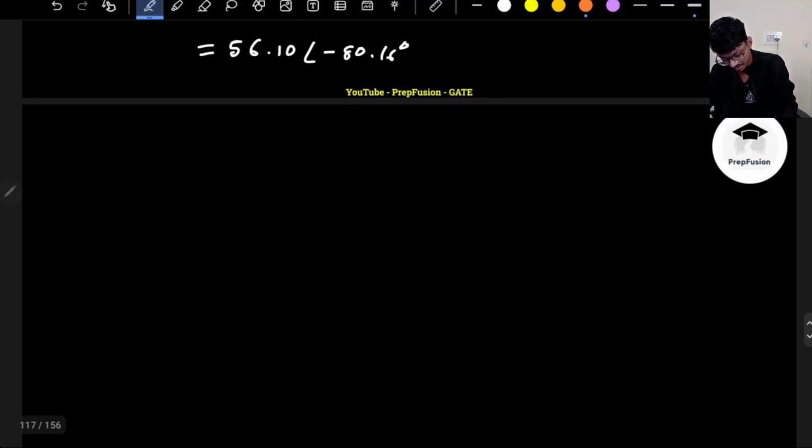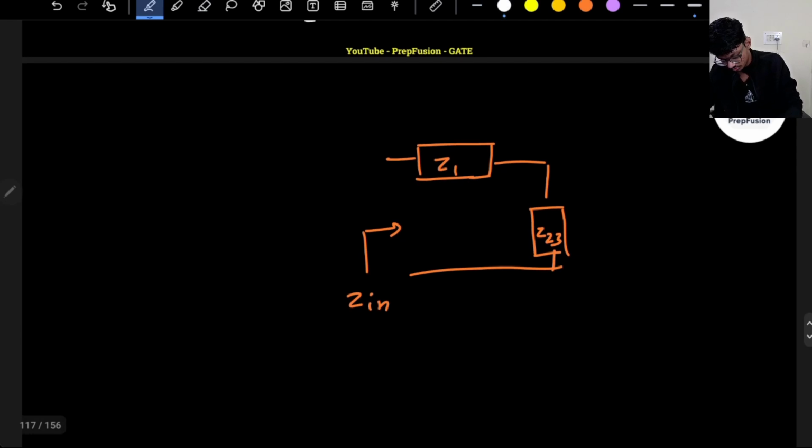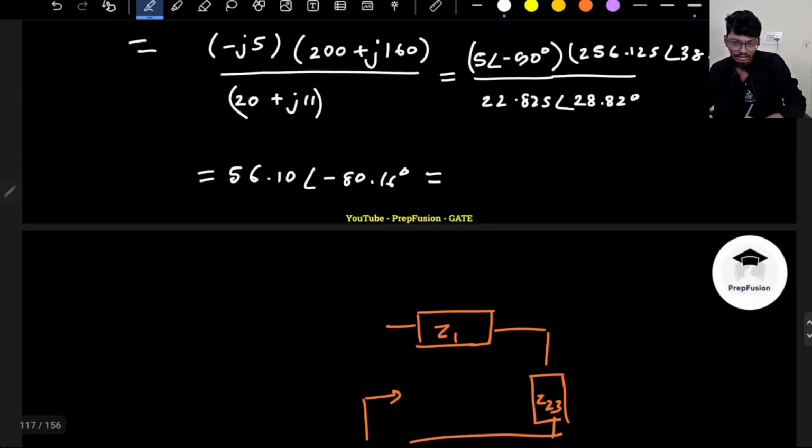Of course I have to add, this will also come in series. So ultimately your circuit gets reduced to this: Z1 is here and I have another impedance named Z23 here. So this is your Zn, correct? Now I will add these two quantities. It's better to convert again into rectangular format.